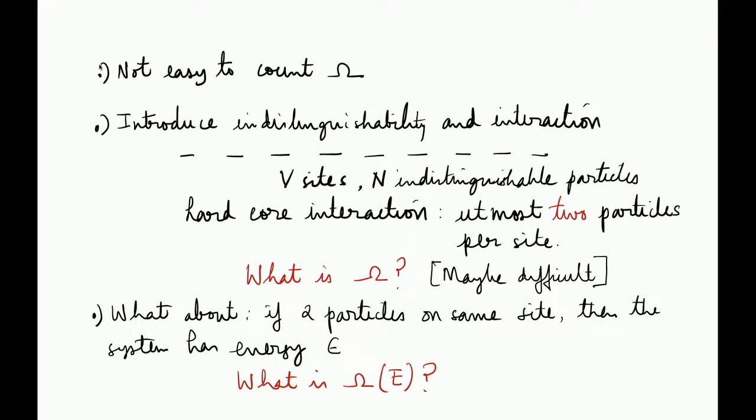And one more. Just some random configurations. This has energy epsilon, this energy 0, this energy epsilon, this energy 0. If I had 4 particles, I might have a case where this was like this, and this has energy 2 epsilon.